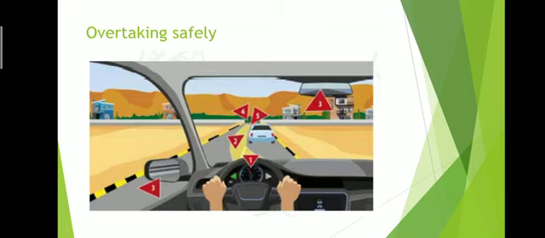Third, you see the mirrors. Then if there is space, you overtake. So for changing lanes, you see mirrors first and then give a signal, but for overtaking, you first give a signal, then check the mirror, check the spaces, then you do the action.